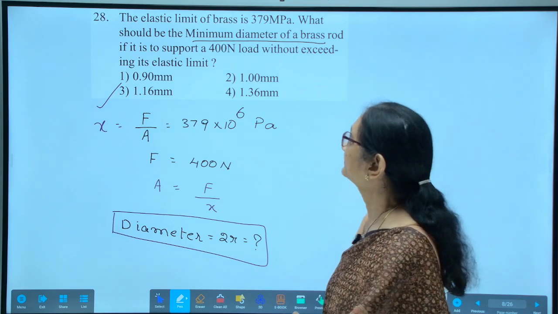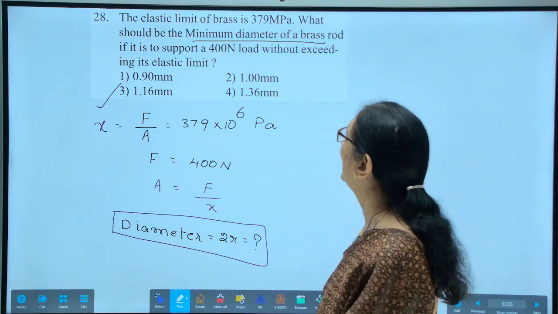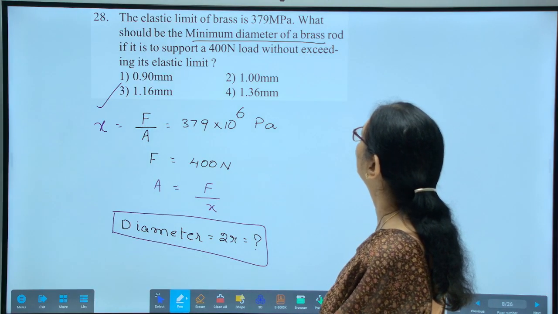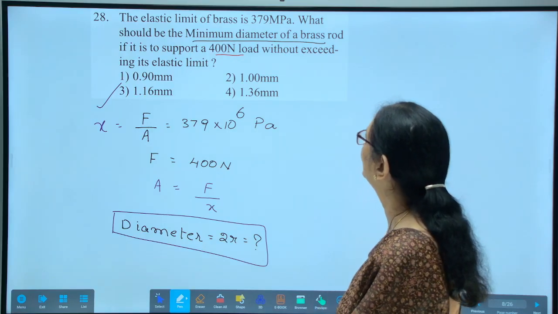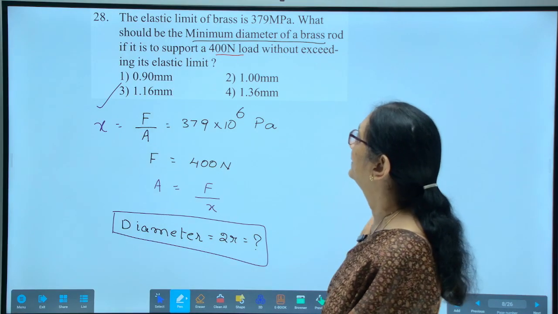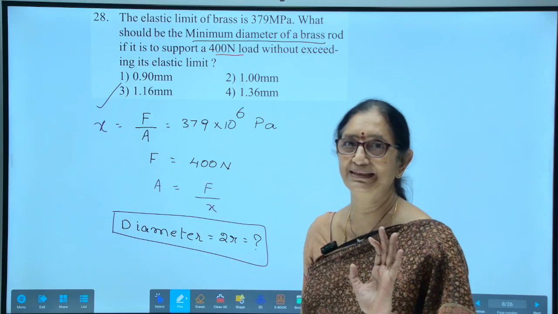Look here. The elastic limit of brass is 379 megapascals. What should be the minimum diameter of brass rod so that it supports 400 Newton load without exceeding its elastic limit? Elastic limit or breaking stress are one and the same.